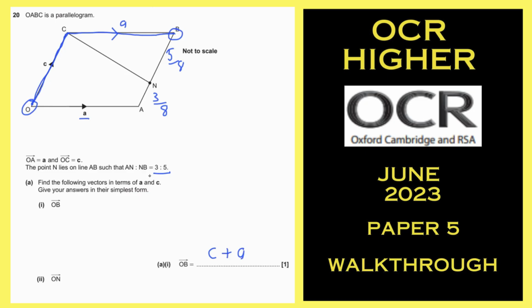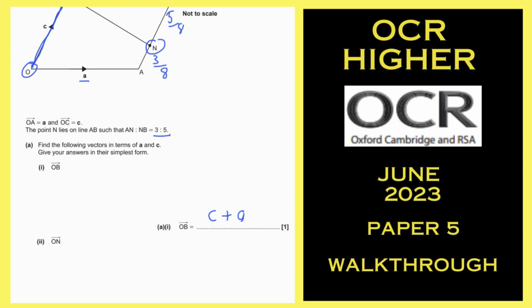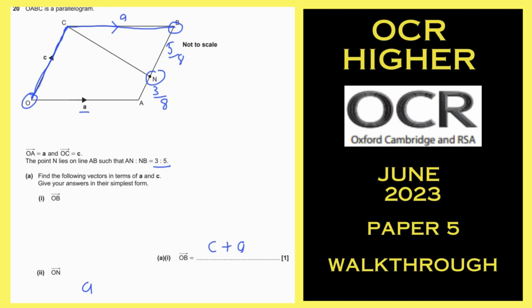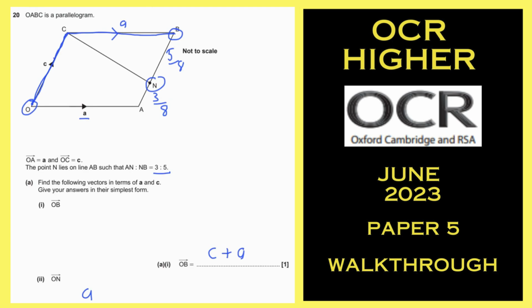Part I, how do we get from O to N? Well, let's go along the bottom. We go from O to A first. That's letter A. Then we go A to N. Now, A to B is C. It's parallel because it's a parallelogram, so it's the same size and same direction.